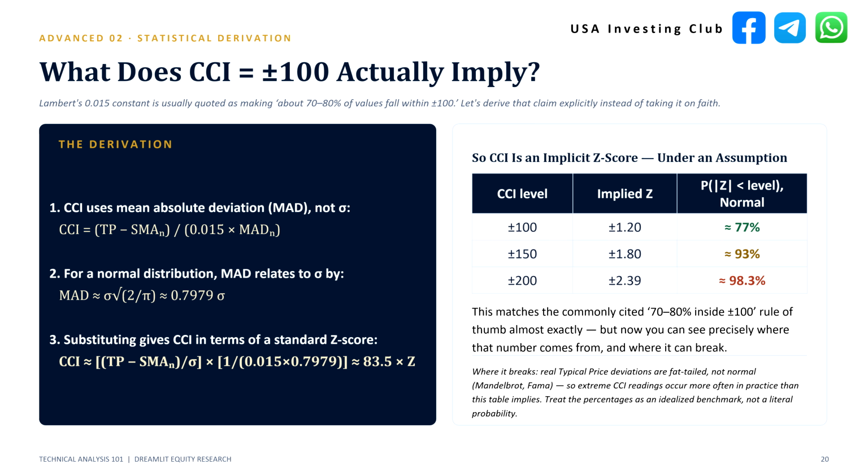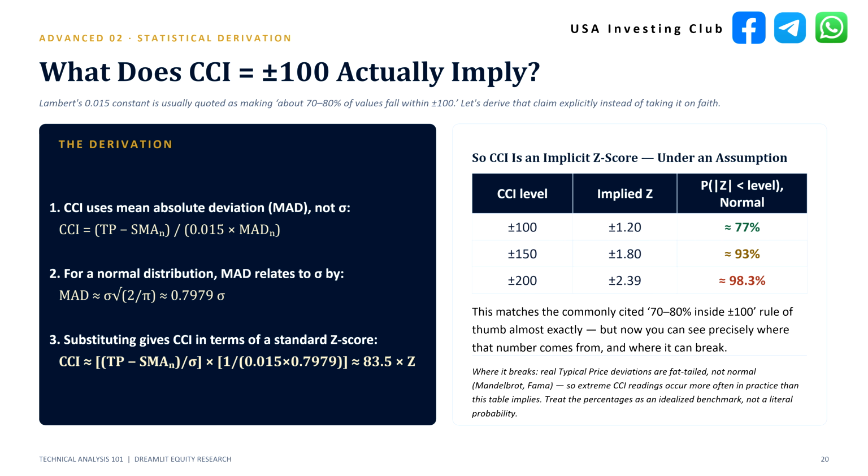For a normal distribution, mean absolute deviation relates to standard deviation by a fixed constant. MAD is approximately sigma times the square root of 2 over pi, which comes out to roughly 0.7979 sigma. Substituting that relationship back into the CCI formula shows that CCI is approximately 83.5 times the standard z-score of TP relative to its mean.